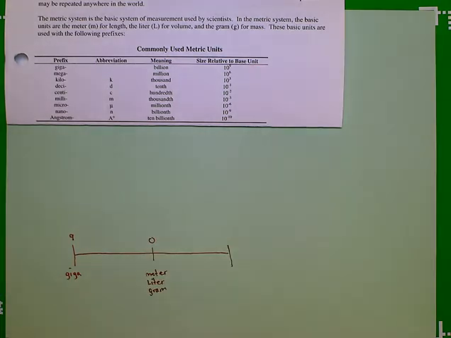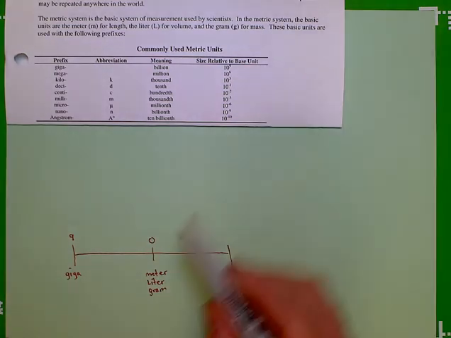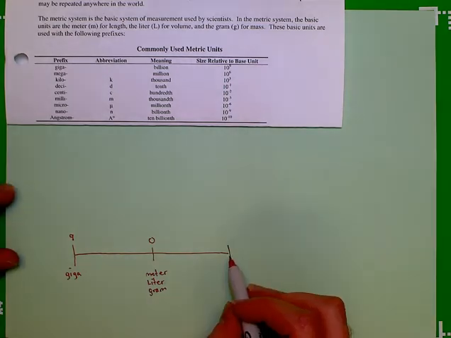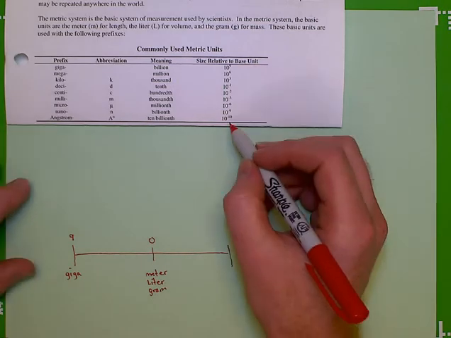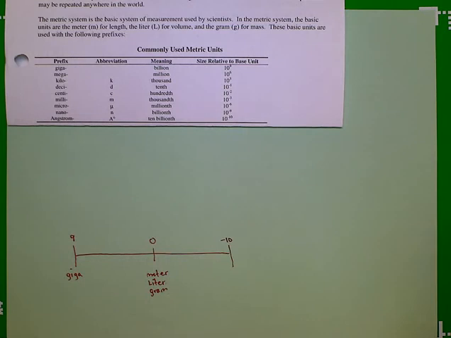Your chart doesn't even show that. 0 is what you're relating to. On the far end of the spectrum, we see angstrom, and that is 10 to the minus 10th. So I want you to write minus 10 over here. And then we're going to include all of them in here.